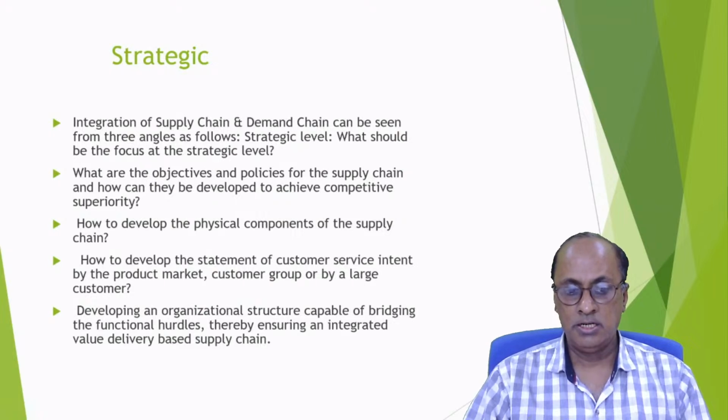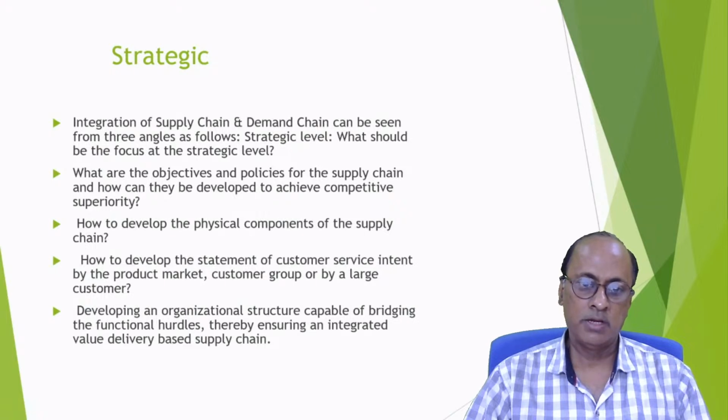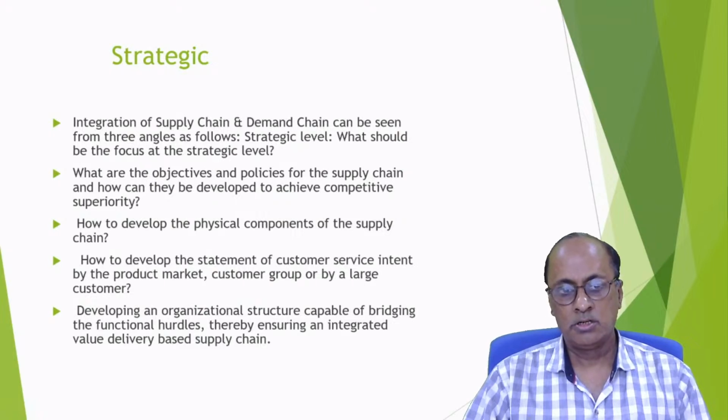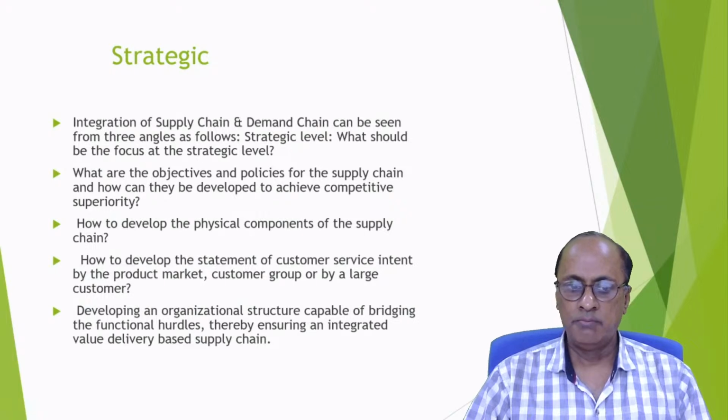Lastly, we should have a good organizational structure. We should bridge the gap between different levels so that we can overcome the functional hurdles we face in strategic management and in any supply chain operations. So the strategic level is the highest level, where we find the objectives and policies, and these should be such that they give competitive superiority.